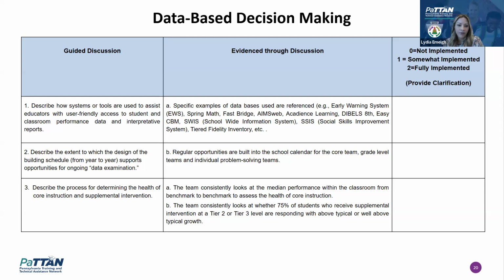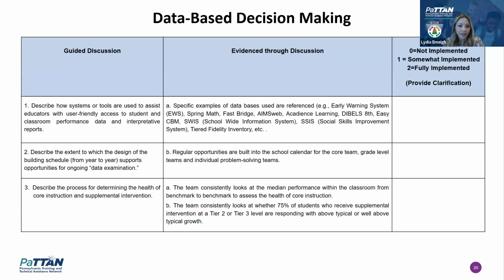The LEA team will also discuss their processes for evaluating the effectiveness of core instruction as well as supplemental interventions. During discussions, the LEA team should consider whether the team consistently examines the median performance in the classroom from benchmark to benchmark to assess the health of core instruction.